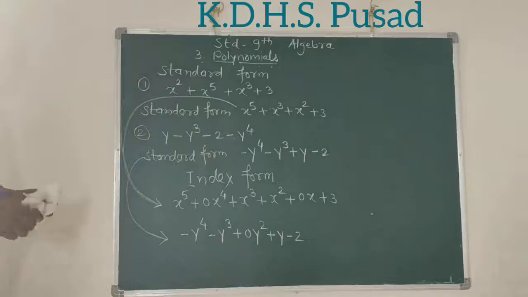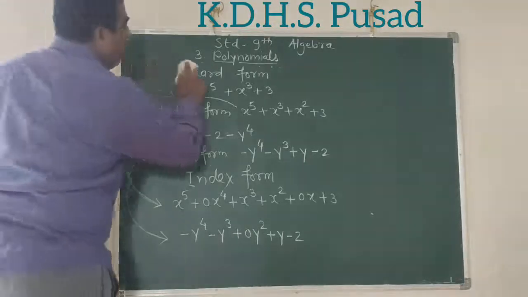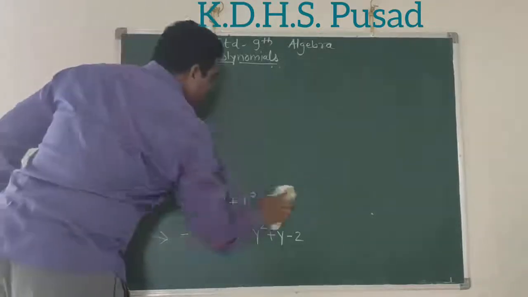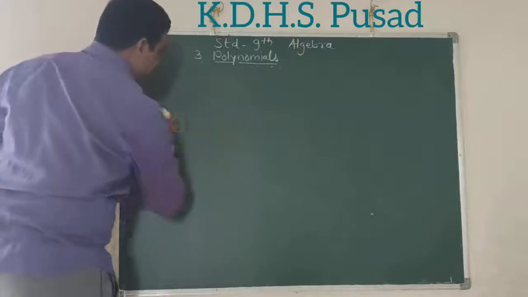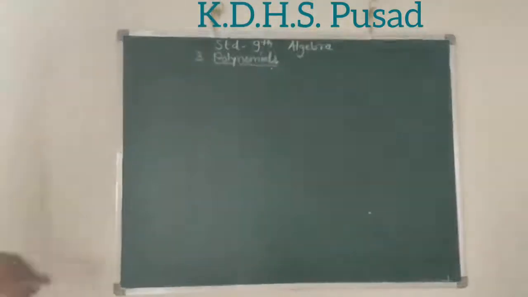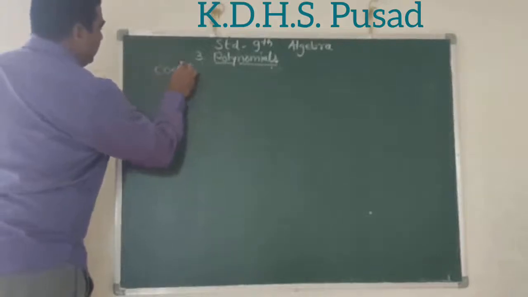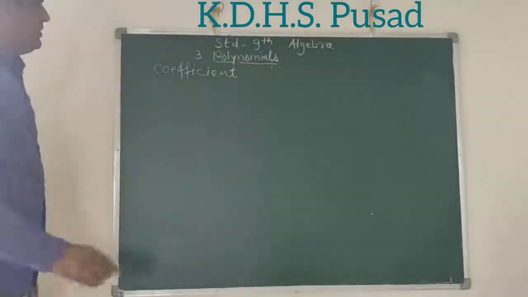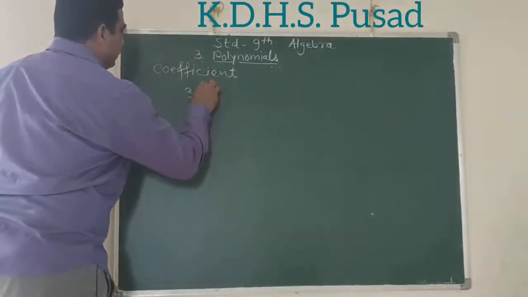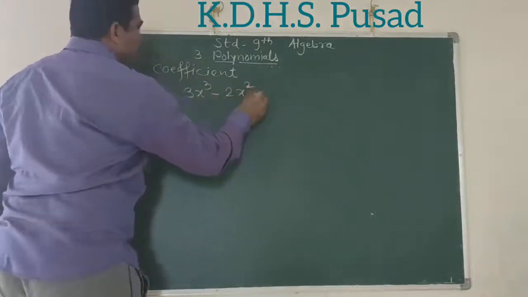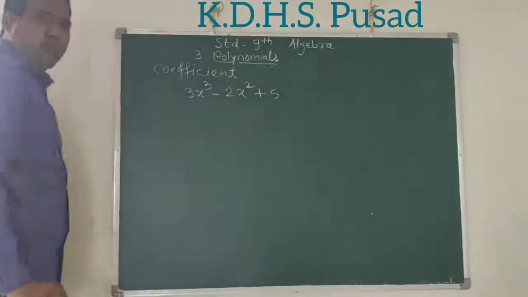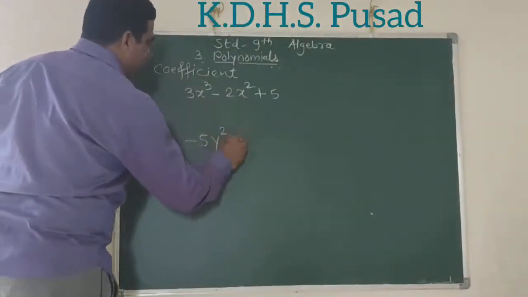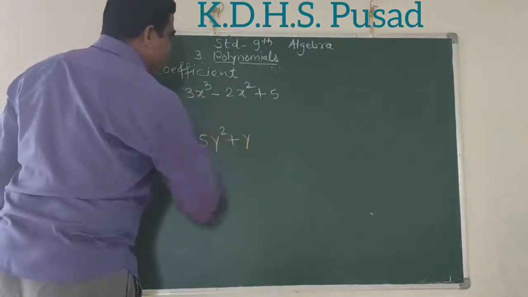Now one more thing that we want to study: coefficient. Here I have written two polynomials: 3x cubed minus 2x squared plus 5, and minus 5y squared plus y.